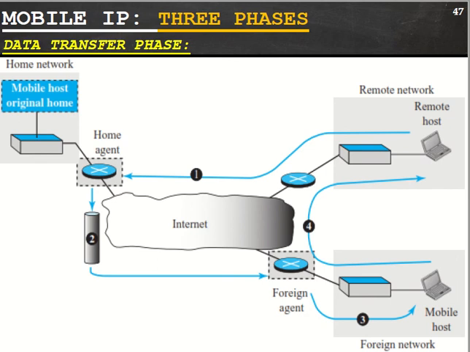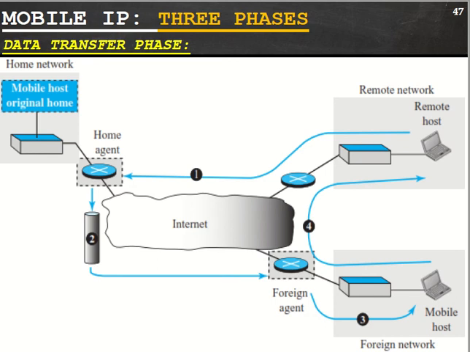Related to the assignment, question number one is: explain the three phases of communication between a remote host and a mobile host. And question number two is: what is the two addresses approach used in mobile host?